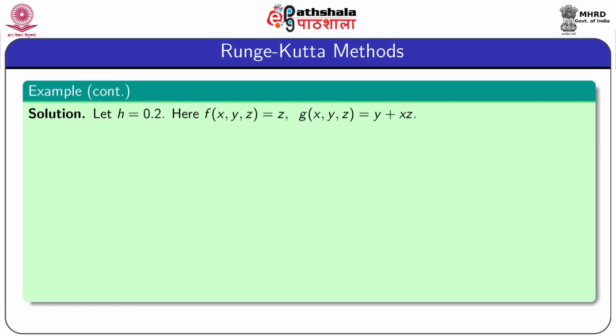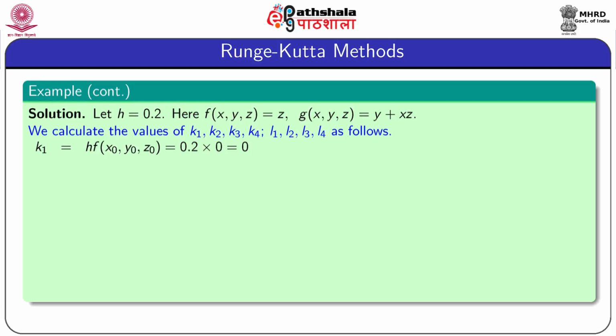For this problem, we consider h equal to 0.2, and now we have to calculate the values of k1 to k4 and L1 to L4 according to this formula. And for this problem, f of x, y, z equal to z and g of x, y, z equal to y plus xz.